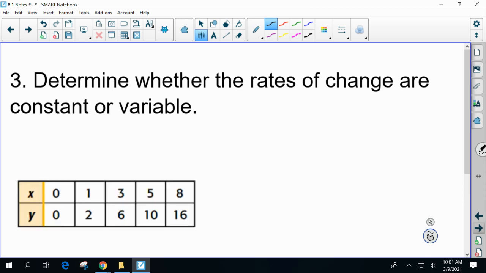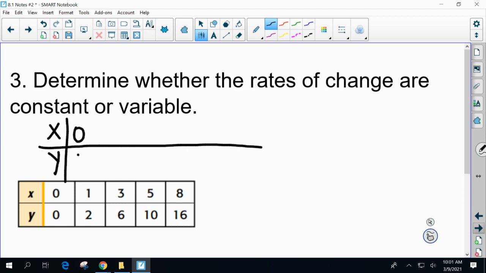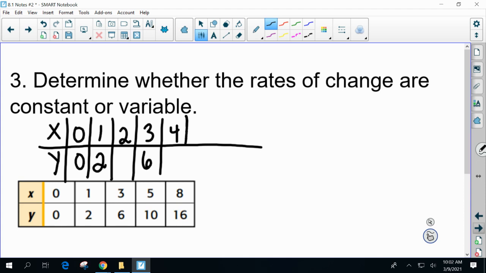Okay, number 3, same process. So I'm going to make my XY chart. Then I skipped over 2, and I skipped over 4.